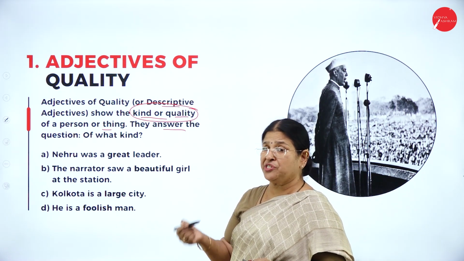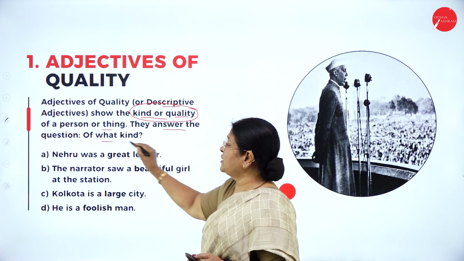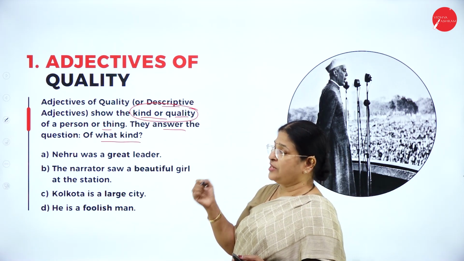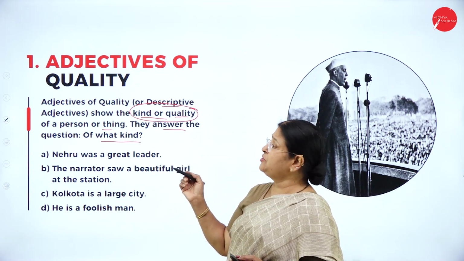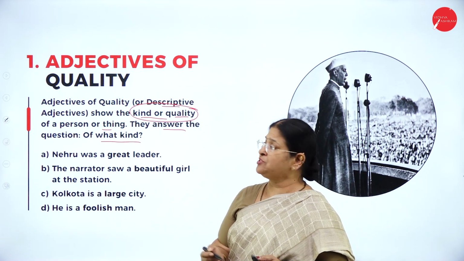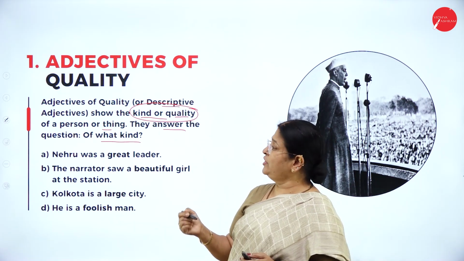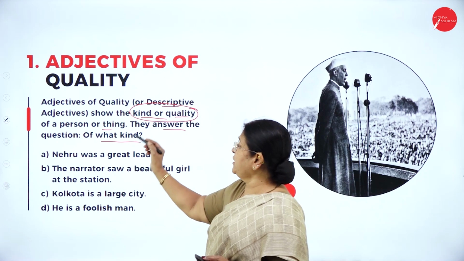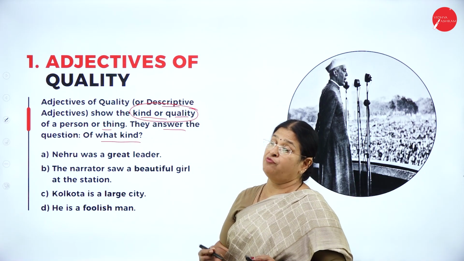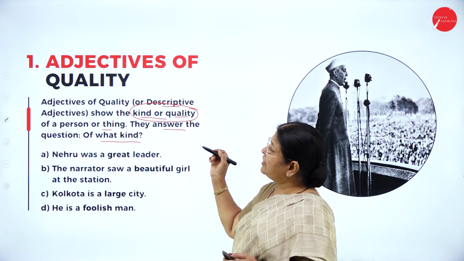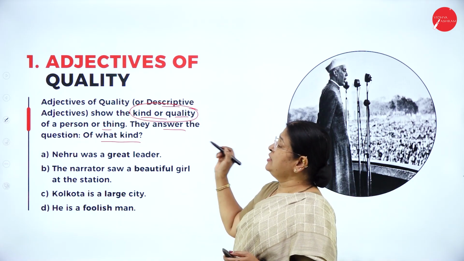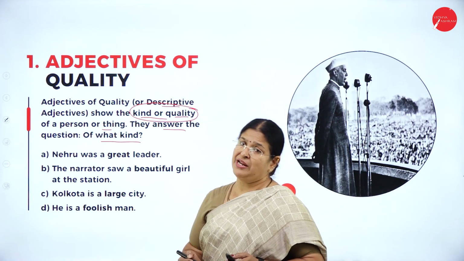What question are you going to pose? Of what kind? What kind? So I repeat once again. Adjectives of quality or descriptive adjectives show the kind or quality of a person or a thing. They answer the question of what kind. I think you will better understand the adjectives of quality with suitable examples.